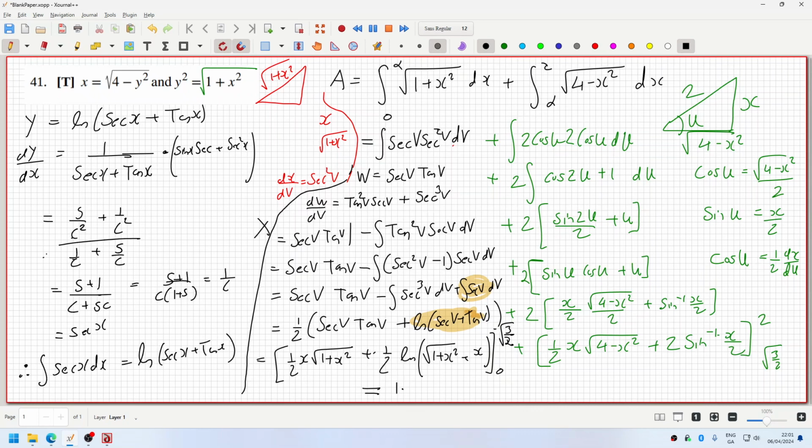So that would be 1.4841 minus 0 plus, then we'll put in 2, root 4 minus that squared plus 2, a half times 2 times root 2 plus 2 sine inverse that over 2.